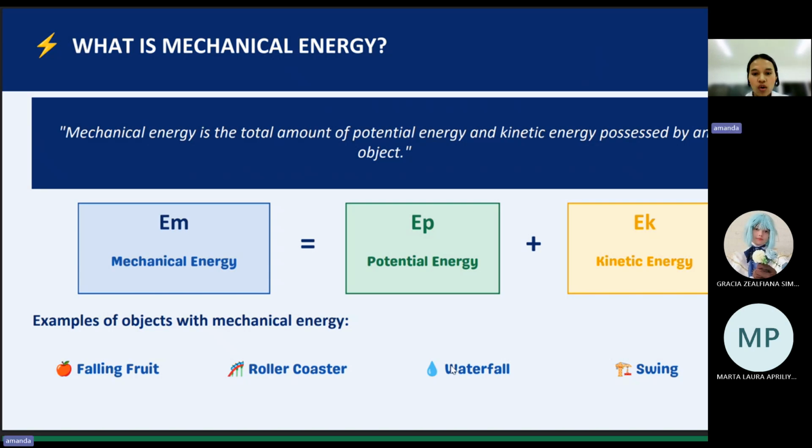Energy mechanic equals energy potential plus energy kinetic, where EM is mechanical energy, EP is potential energy, and EK is kinetic energy. We can easily find objects utilizing mechanical energy around us, such as a falling fruit, a rolling roller coaster, a flowing waterfall, or even a child playing on a swing.